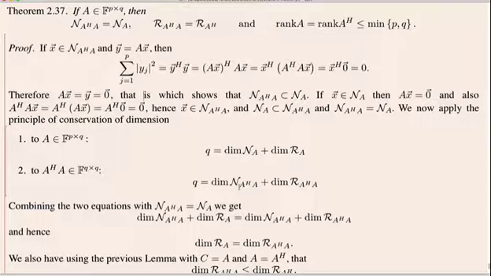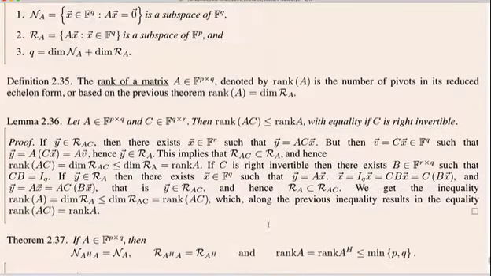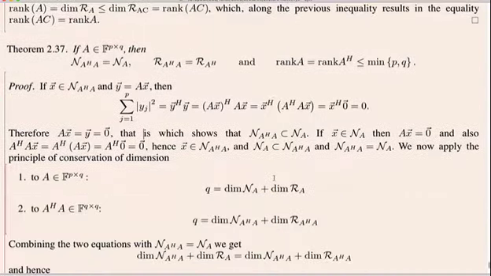This is actually not what we had to show so far, but then we can use the same lemma as before, the previous lemma that says that if you multiply A from the right with a matrix, the new matrix will have rank less than or equal to the original rank of the matrix.